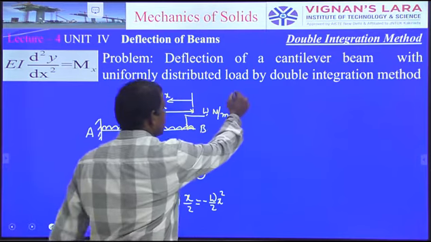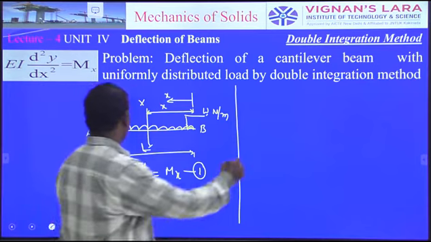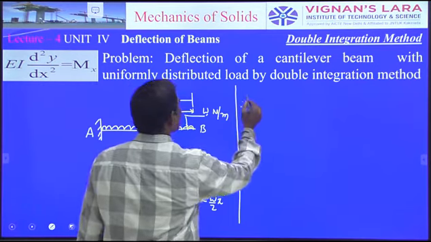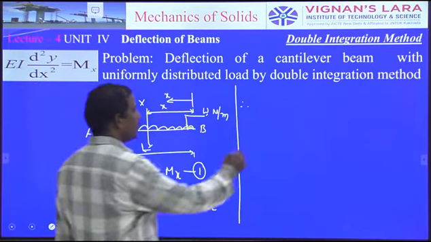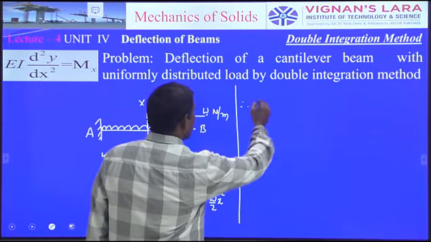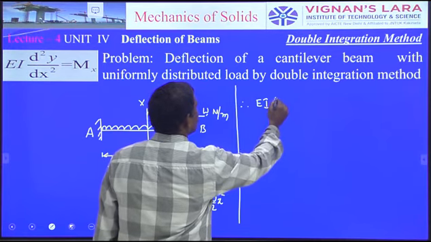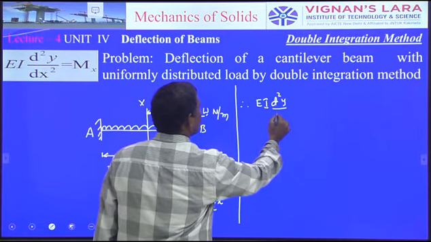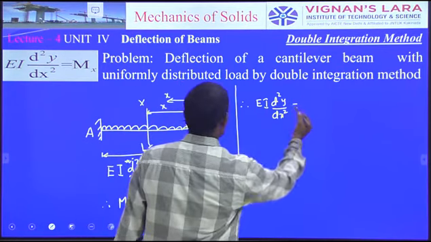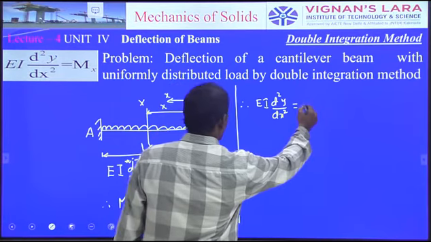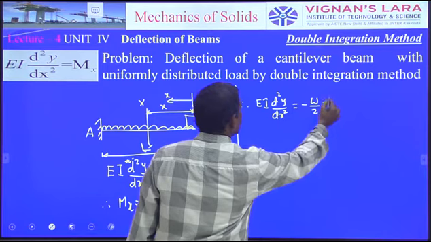Substitute this value in equation number 1. Finally, the governing differential equation for this beam with the given information becomes EI into d square y by dx square is equal to minus w by 2 into x square.